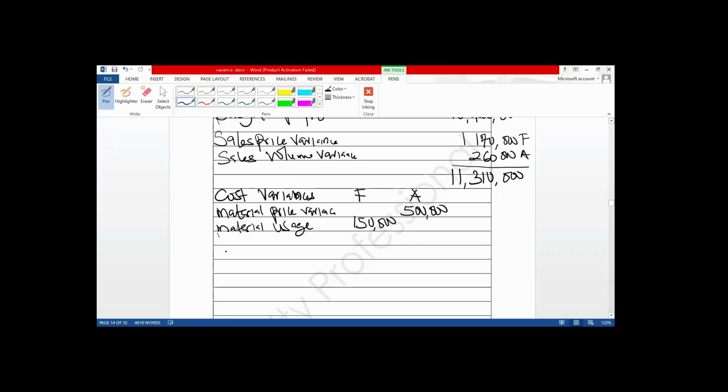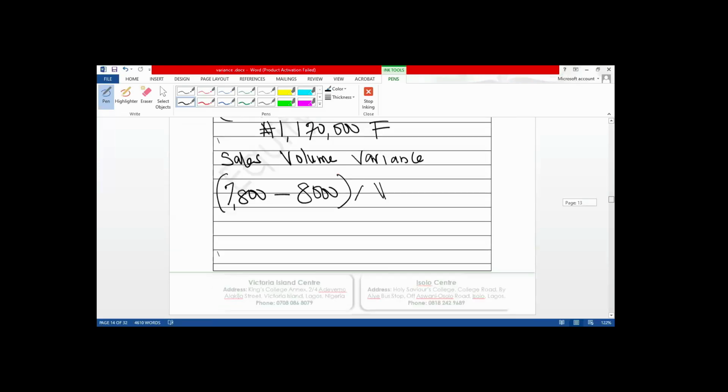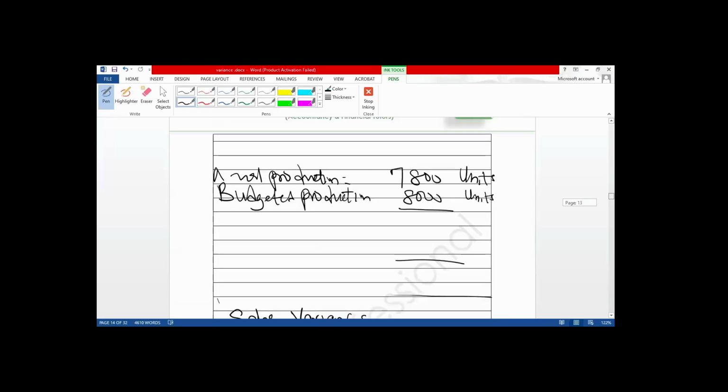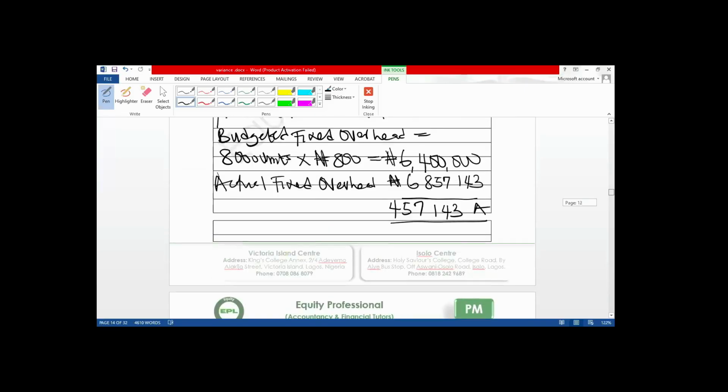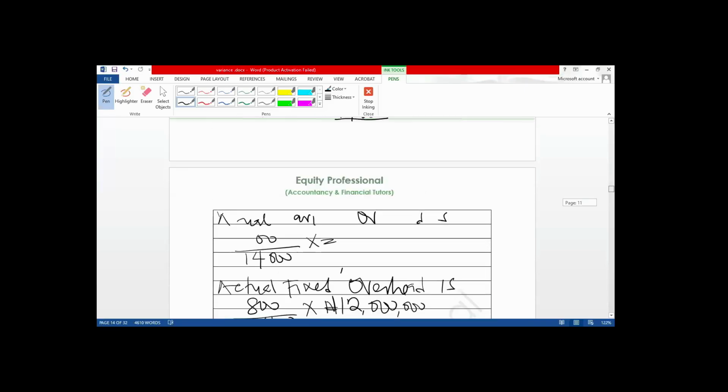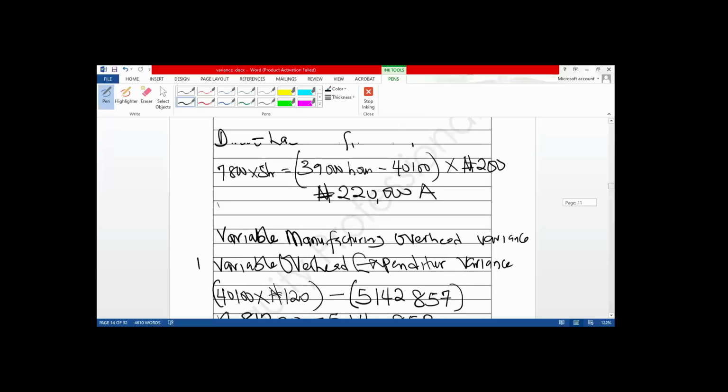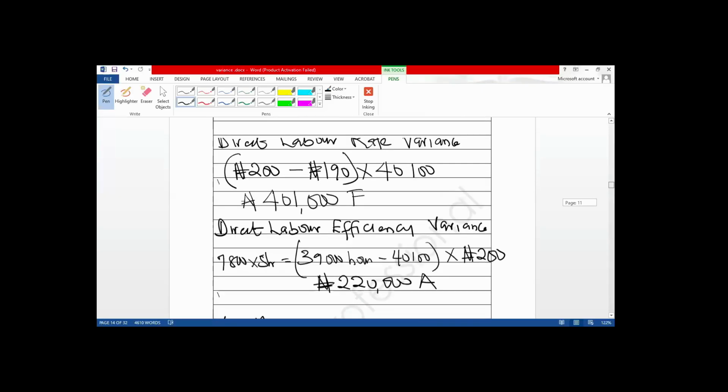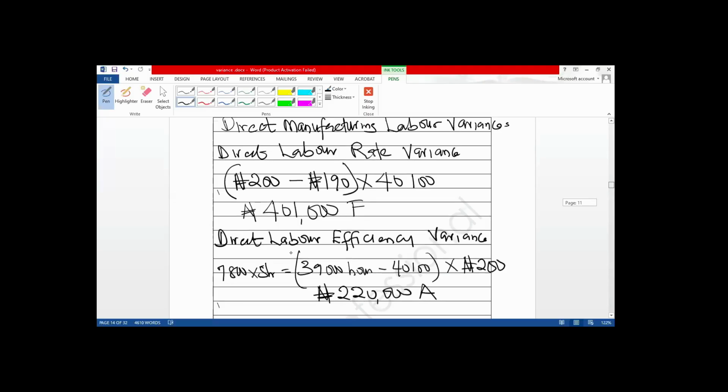Then go to your labor rate variance. Let's check. That is what you are going to use for reconciliation.